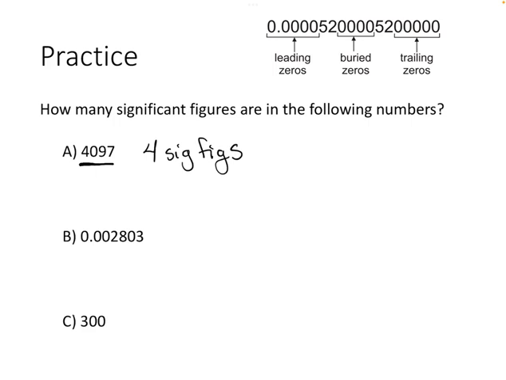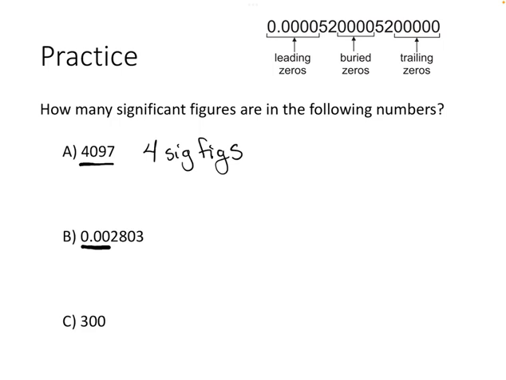Now let's look at the second value. We have 0.002803. We know that the 2, the 8, and the 3 are significant. But what about the 3 zeros in front? Are those significant? No, they are not.